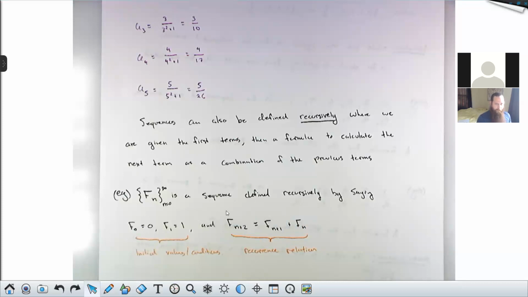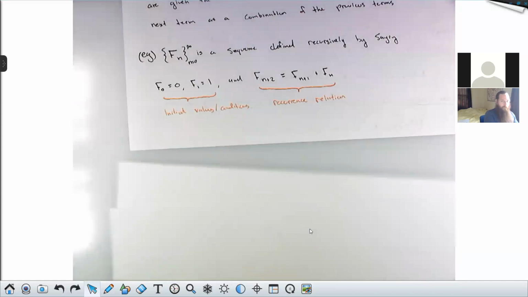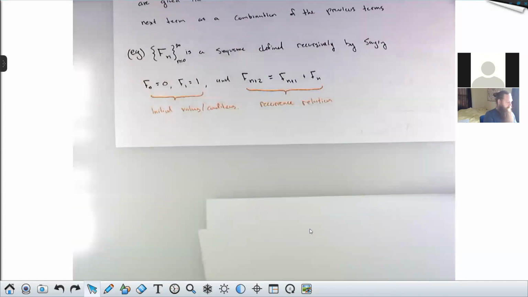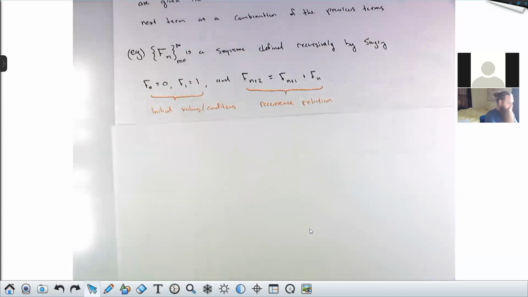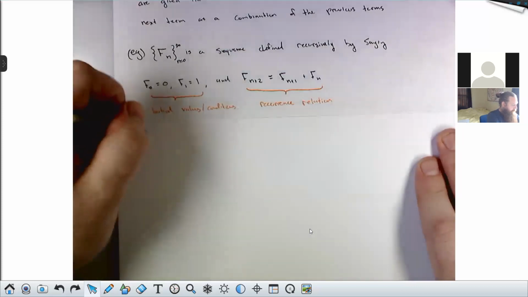And you can't really get started with that recurrence relation unless you know the first two terms, because this is what's called an order 2 recurrence. Let's find the first few terms of this sequence. We'll do the same thing. How about the first 5 terms?